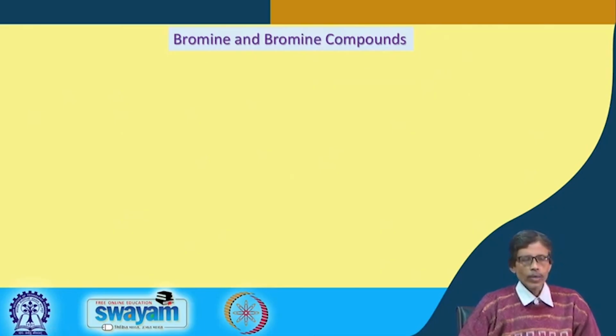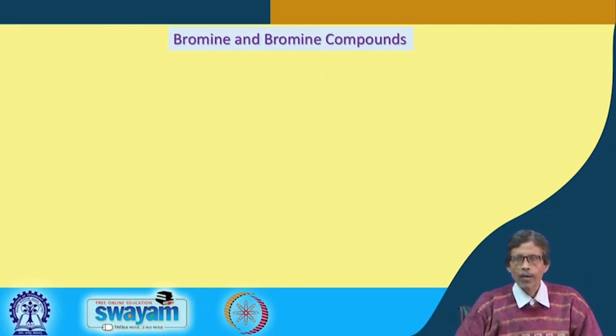So, after chlorine and the chlorine-oxygen based compounds, we can move to bromine and bromine based compounds, because bromine is also a very useful halogen industrially. Bromine is a very good source from seawater, where it is present as bromide salts like sodium bromide itself.